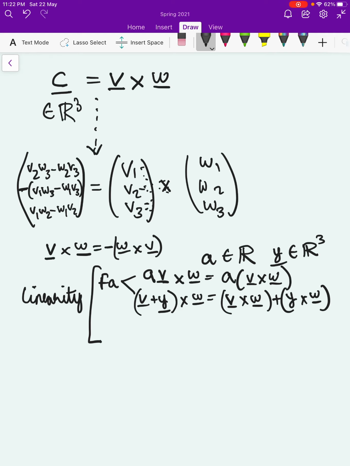So this is distributivity. It just means that we can distribute these. I guess it makes more sense the other way around.